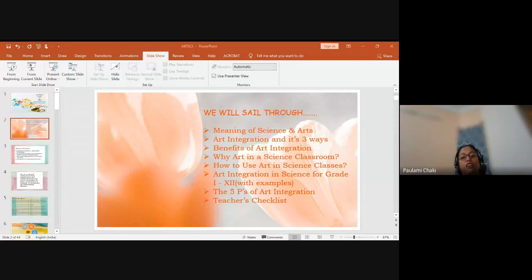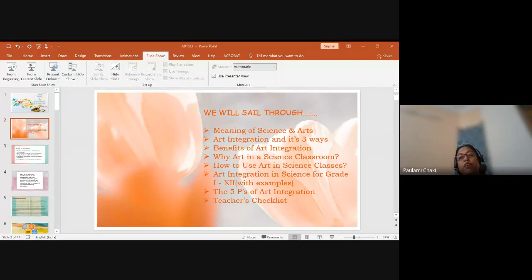Then, art representation. Art has different forms: music, dance, then the visual way of representing it. So we have to try to use these multiple forms of artistic representation. We should not restrict ourselves only to diagrams or drawing. We can include everything. Language as an art we can include.